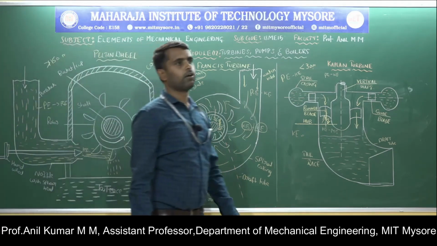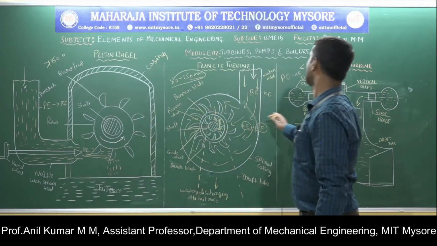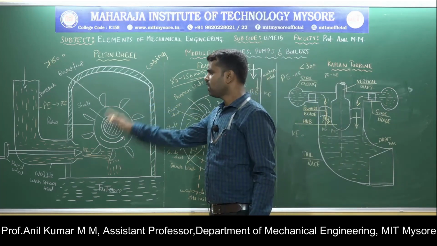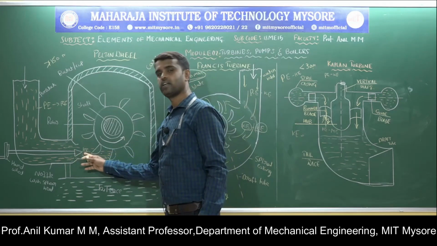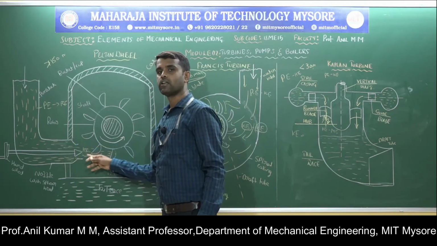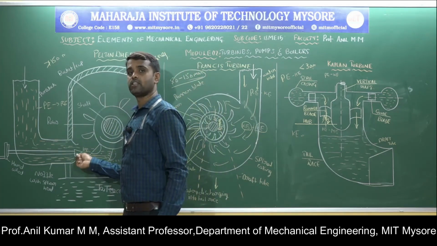Okay, now we will see the differences between the Pelton wheel, Francis and Kaplan turbine. I told you that in the Pelton wheel a nozzle is present. At the inlet of the turbine, only kinetic energy is available, because in that nozzle the pressure decreases and velocity increases. The potential energy of the water gets converted into kinetic energy in the Pelton wheel.